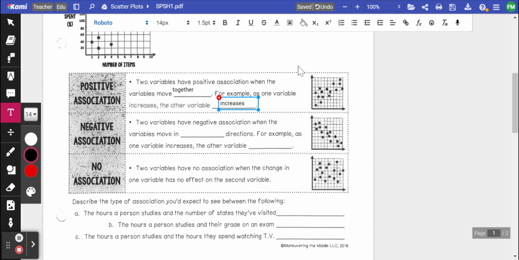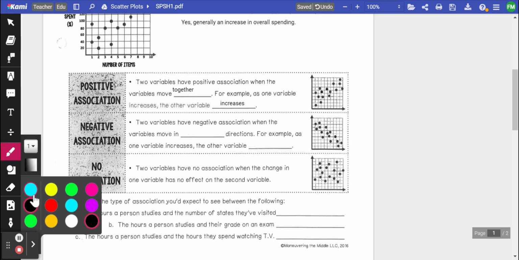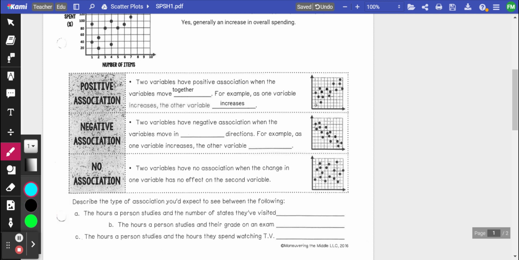So what we're saying is, as the x increases, in general, we see the y increase, which is why, as we look at this, we can see this positive line going up right here.